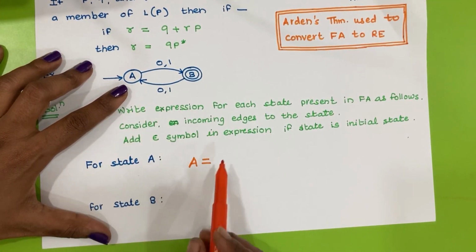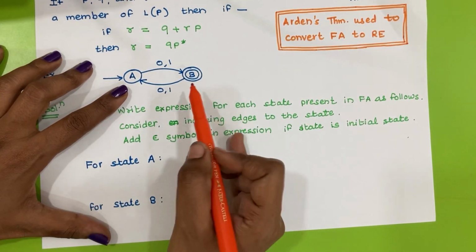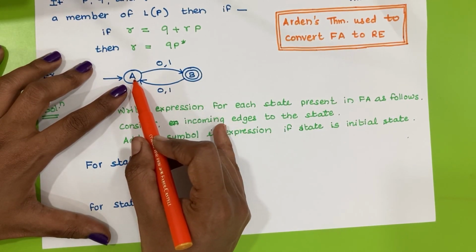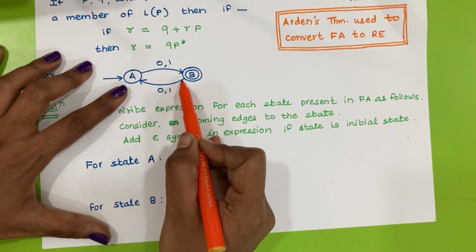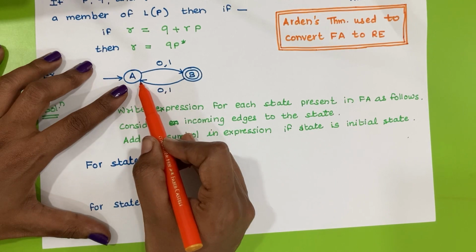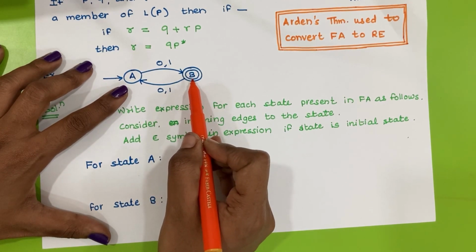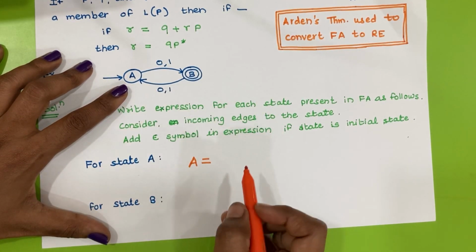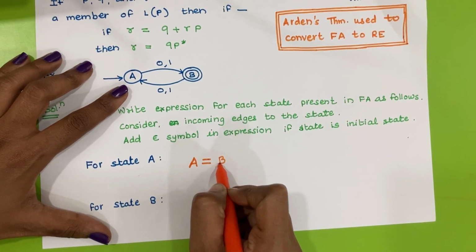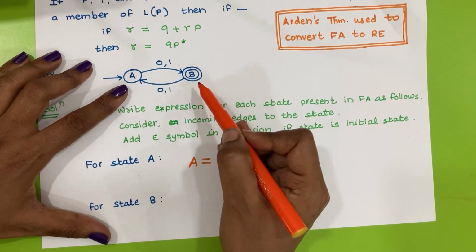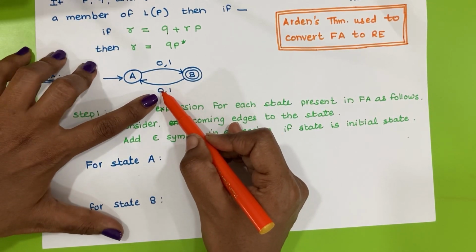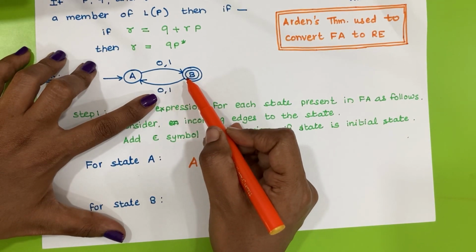Here I have considered state A, and there are two incoming transitions from state B. So I have to add the transitions like B0, meaning first I take the state name and then the input symbol coming from that state.